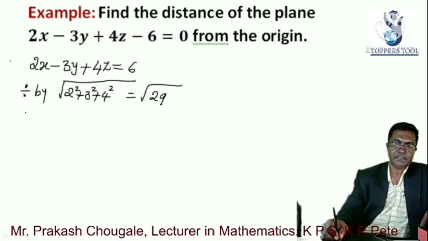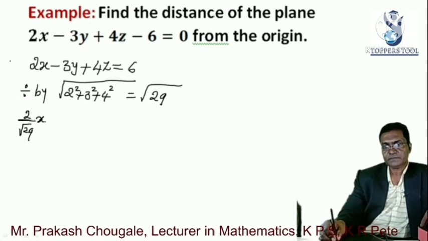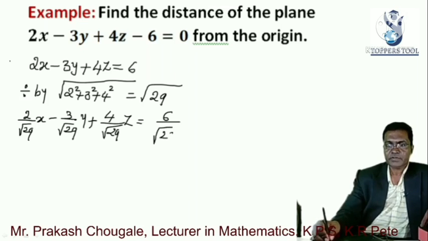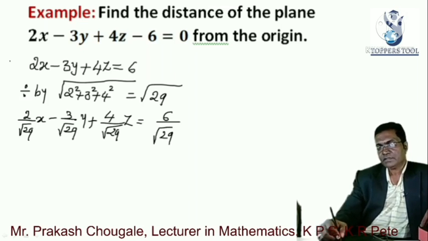So divide by this, you will get 2 by root 29 x minus 3 by root 29 y plus 4 by root 29 z equal to 6 by square root of 29.